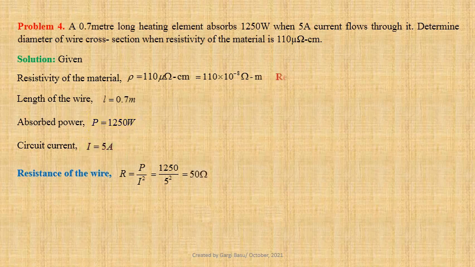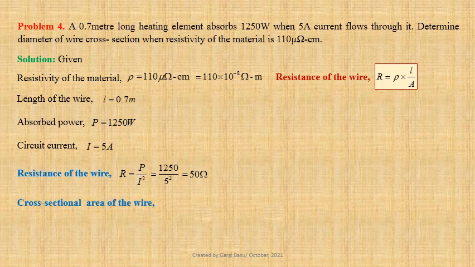Expression for resistance of the wire: R equals rho into L by A. Therefore, cross-sectional area of the wire A equals rho into L by R. Using values we get 110 into 10 to the power minus 8 into 0.7 divided by 50.